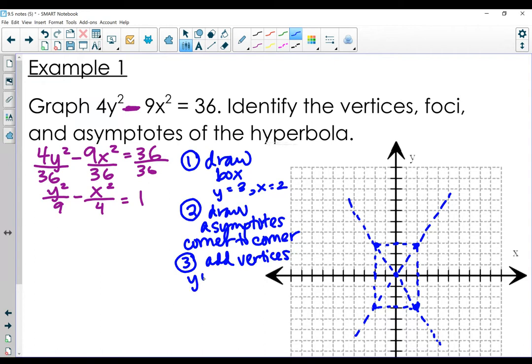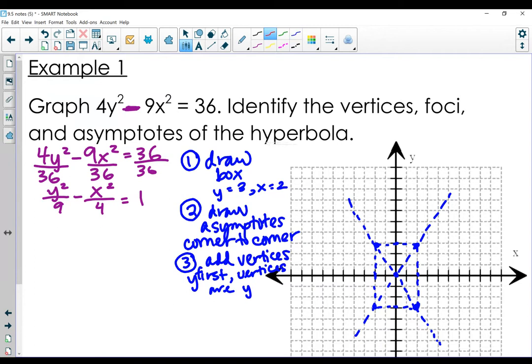Because y is first, the vertices are on the y-axis. So that, remember, means that we have a horizontal transverse axis. Or sorry, a vertical transverse axis. Because y is going to be our vertical axis. So this is going to open vertically.